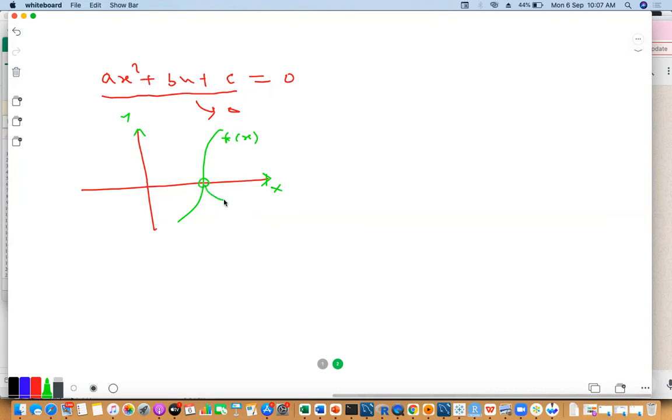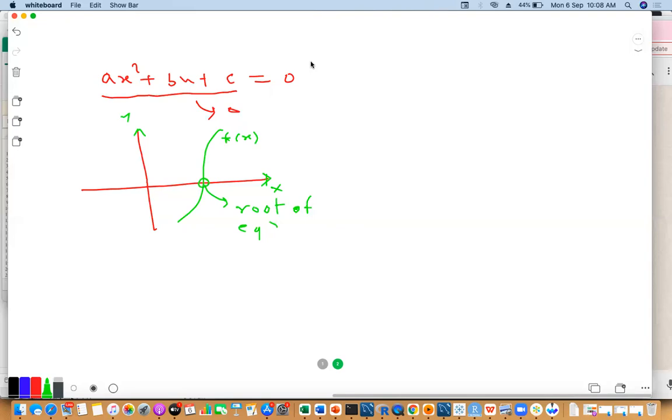So this value will be the root of the equation. Wherever it touches the x-axis, or wherever the y value is 0, that is the root of the equation. The values of x which make f of x 0, that is the root of the equation.